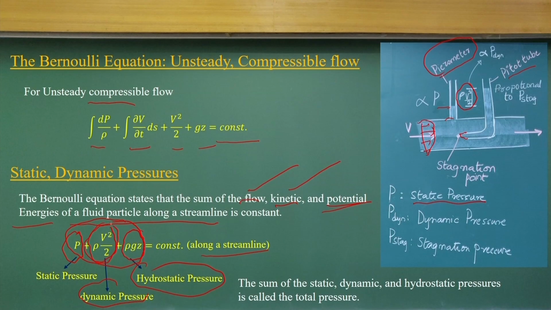But you can ask, what about the potential energy? These two energies are so high that we do not consider the Z difference, which may not have that much significance. That is the reason we do not consider the potential energy part.